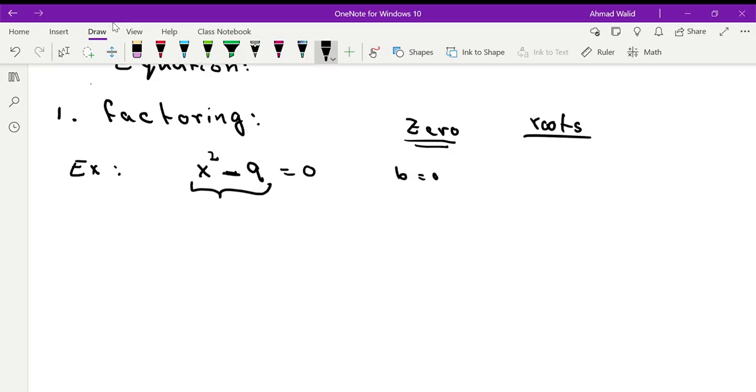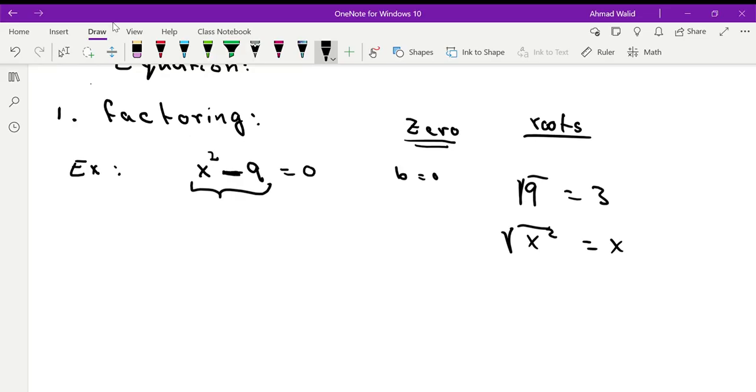Perfect square means the numbers should have a square root. For example, the square root of 9 is 3. The square root of x squared is x, right? We call it perfect square. If you have these two and the sign in between is always negative, not positive, we call it difference of the squares.